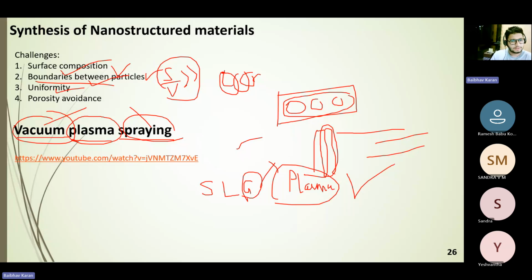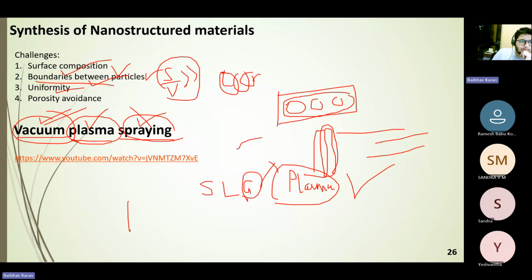They are not closely packed to each other. The atoms are not closely packed, right? In the plasma state it is even higher, like 10,000 Kelvin, 20,000 Kelvin, in that range of temperature, where the atoms do not remain as atoms. They will become ions, positive ions and negative ions. That is known as a plasma state. So in vacuum plasma spraying, we are using vacuum, plasma, and spraying techniques to produce nanostructured materials.